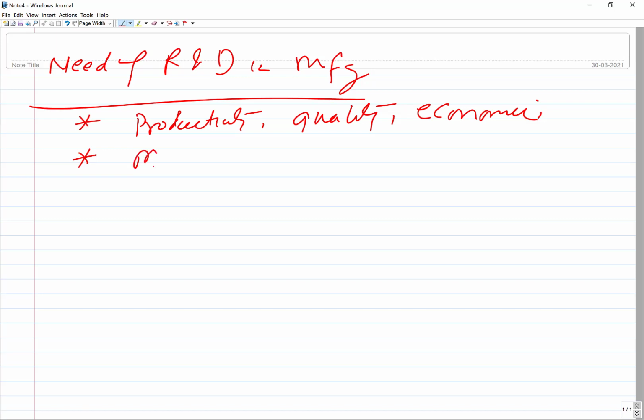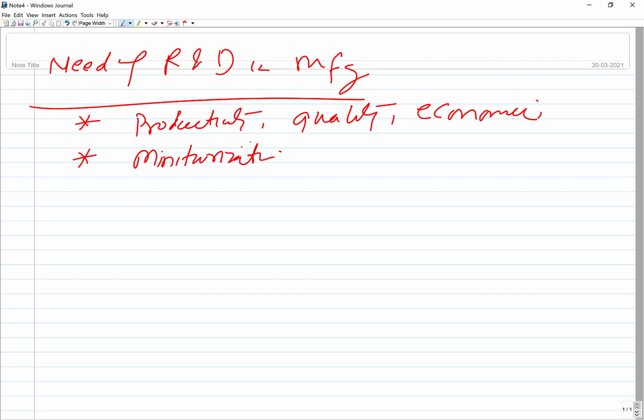Second important thing is miniaturization, making things smaller and smaller in size. Like something to be inserted in the body for endoscopy must be smooth and small in size so that it doesn't harm the human being who is being tested using the endoscopy. So miniaturization in robotics, miniaturization in n number of sectors is important.